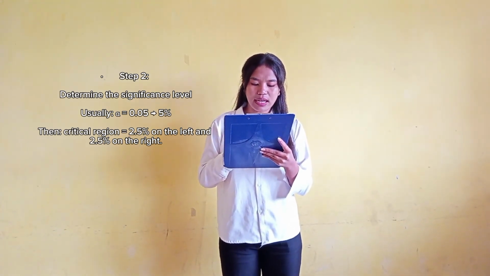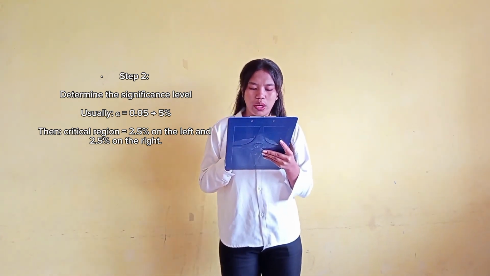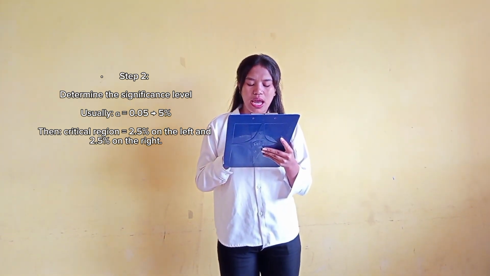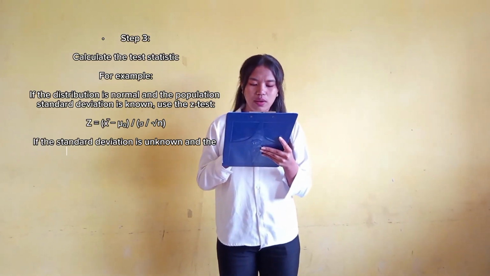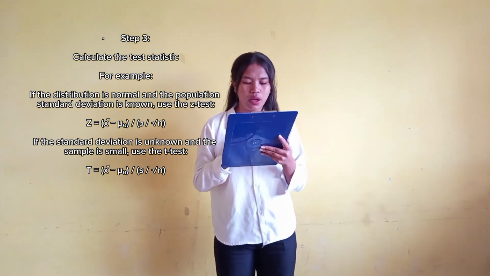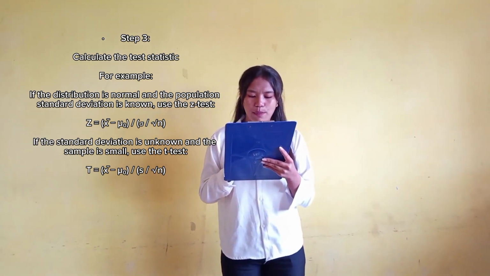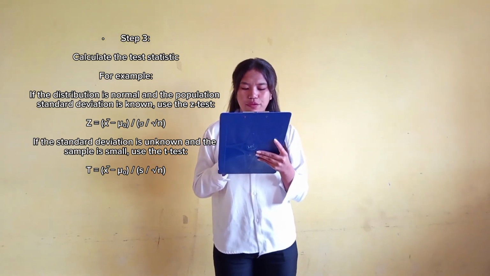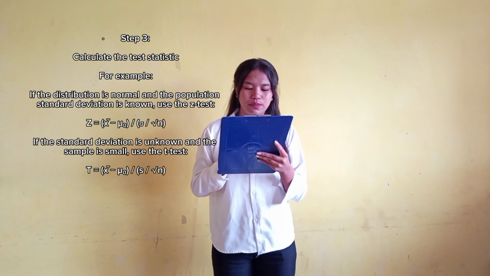Then, the critical region equals 2.5% on the left and 2.5% on the right. Step 3. Calculate the test statistic. For example, if the distribution is normal and the population standard deviation is known, use the z-test.